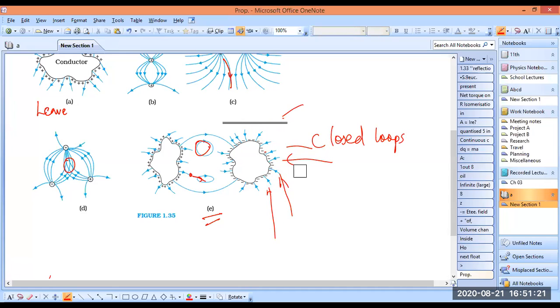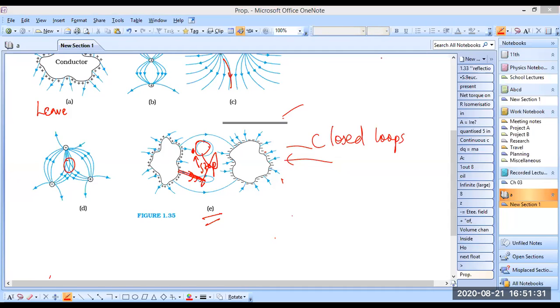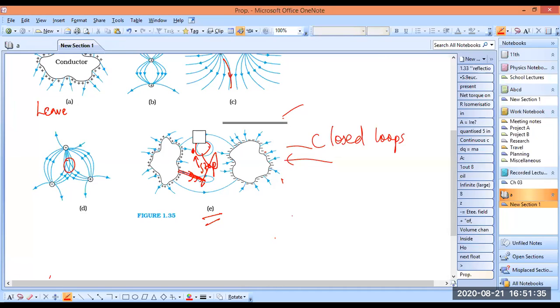So that's not a problem, but this is a problem. Here they have terminated it. This is stopped. That's not how it works. It should not stop. So that's why there are two mistakes. One is it can't be a closed loop, and the second is it cannot stop abruptly over here. All right. Because of such reasons, this is also wrong.